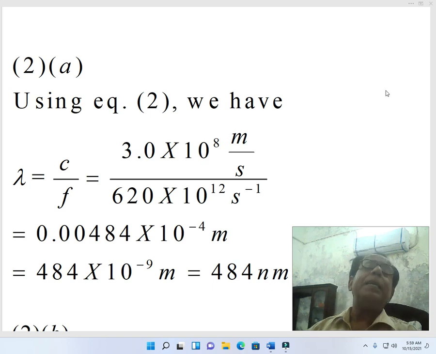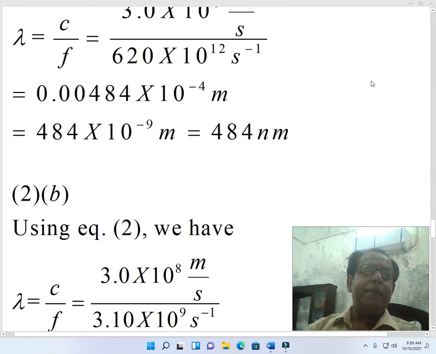Similarly, the reciprocal of tera will also be some prefix, but for the time being I do not remember what 10 raised to the power minus 12 is called.